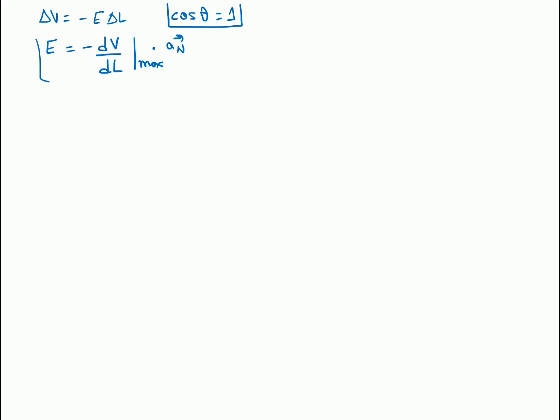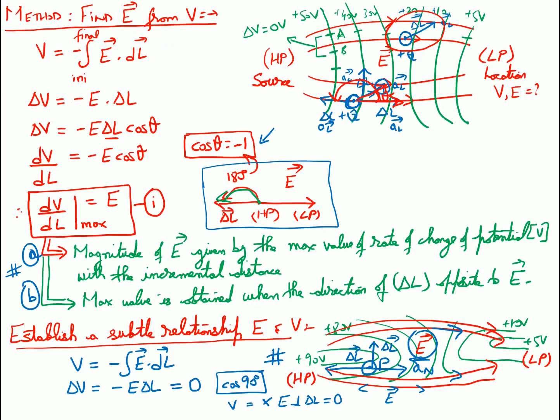So this is now a new expression for the second scenario, relating the electric field to the potential, where we have taken the electric field moving from left to right, that is from a higher potential to a lower potential, and the del L is now represented as a_n, which is a unit normal vector in the opposite direction to the electric field, moving from the lower potential to the higher potential.